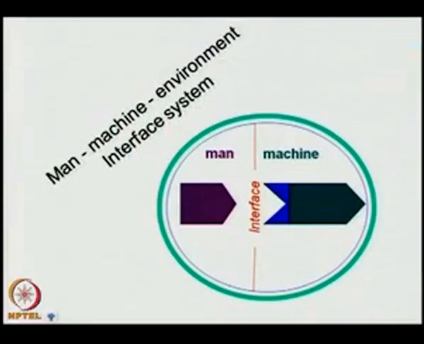Now, with this it can be said that ergonomics is a man machine environment interface system, where the machine and man have a good interface and the total working environment.